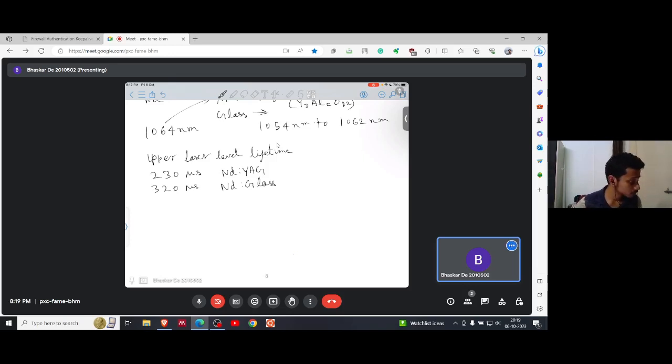So population can be accumulated over a relatively long duration during the pumping cycle when the laser is used either in Q switching mode or as an amplifier.